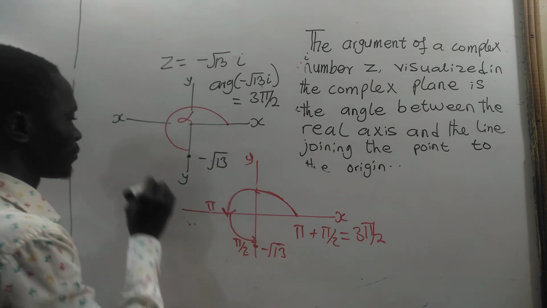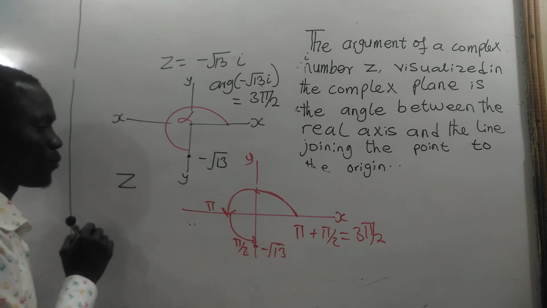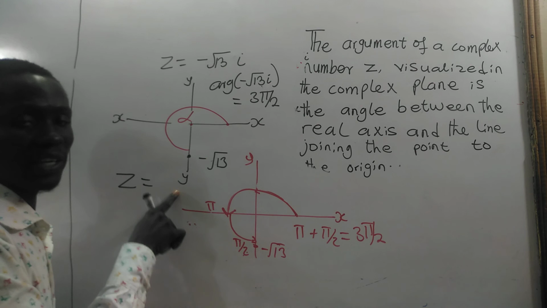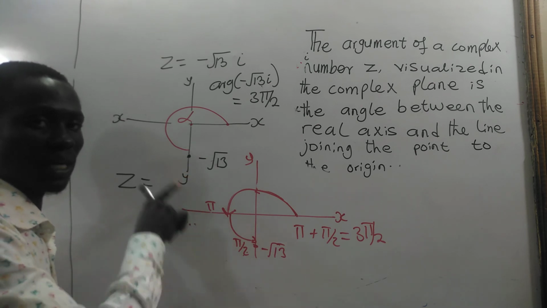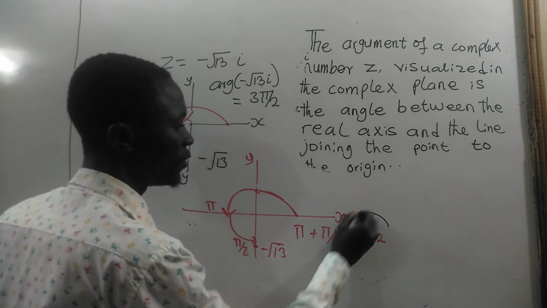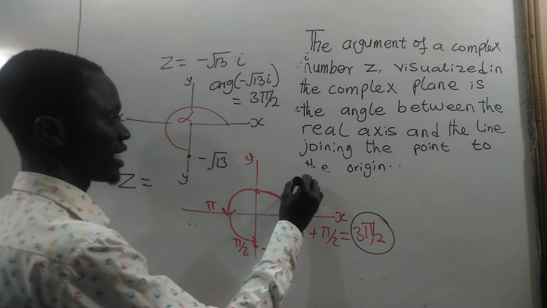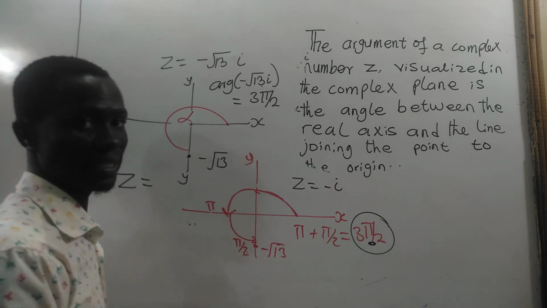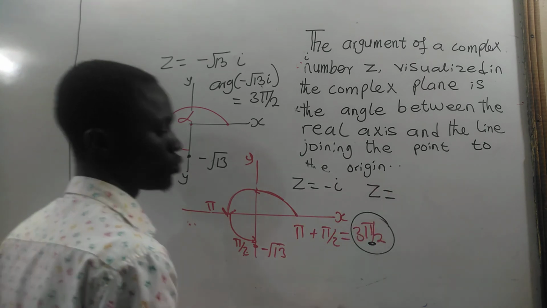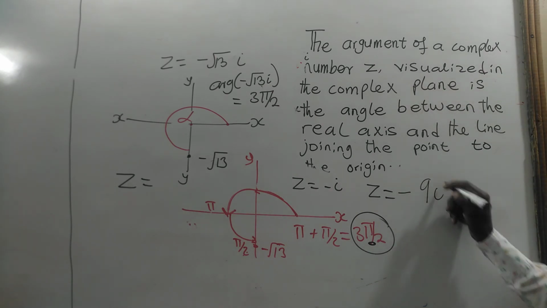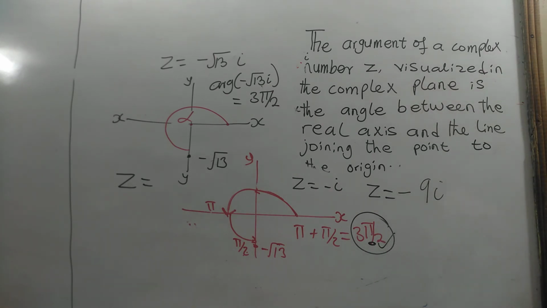So this implies that whenever you have the complex number z equal to a negative imaginary number, then you are going to get the argument always to be 3 pi on 2. So for instance, if I write z equal to negative i, the argument will be this. If I write z equal to negative 9i, the argument will still be this.